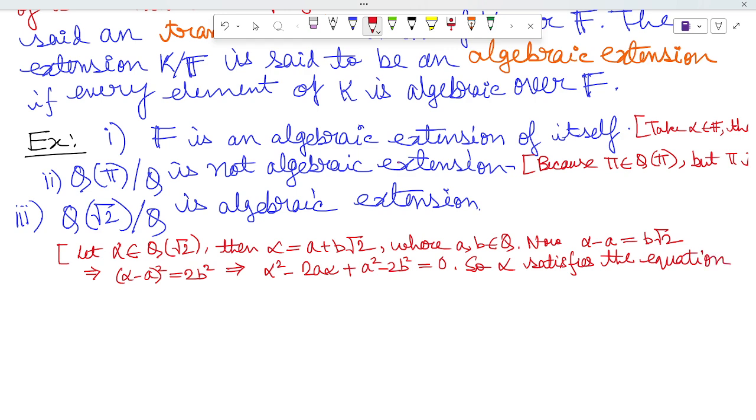What is the equation? x square minus 2ax plus b square minus 2b square equal to 0.